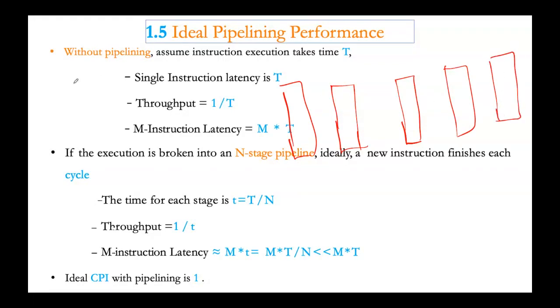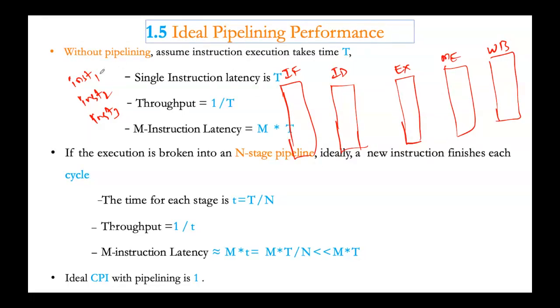We have three instructions: instruction 1, instruction 2, instruction 3. In pipelining, the stages are instruction fetching, instruction decoding, instruction execution, memory access, and write back. Okay, these are the segments or stages.